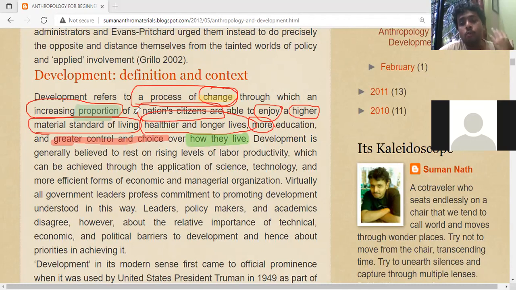So by doing development you will try to pull out people যারা নিচে রয়েছে তাদেরকে, you will try to pull them up so that they can enjoy higher material standard of living, healthier and longer lives.